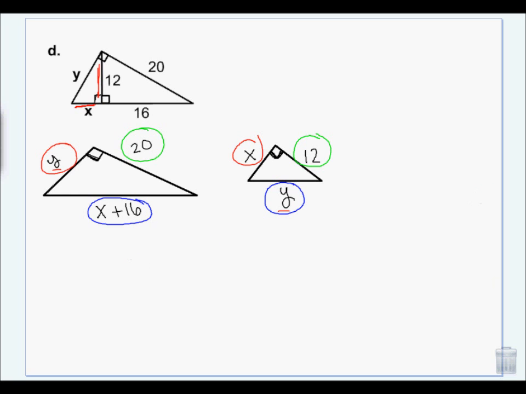Hold on one second. Okay, so this isn't solvable because X goes over Y, 12 goes over 20, and Y goes over X plus 16. There's no way to set this up.